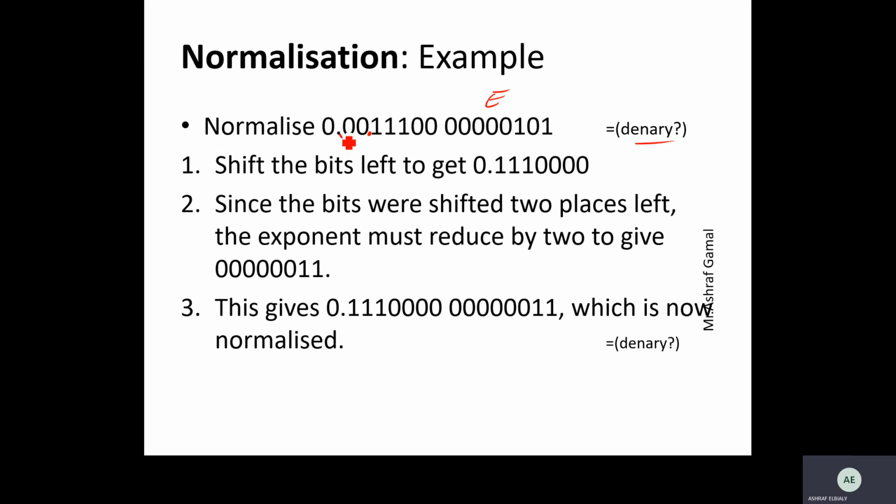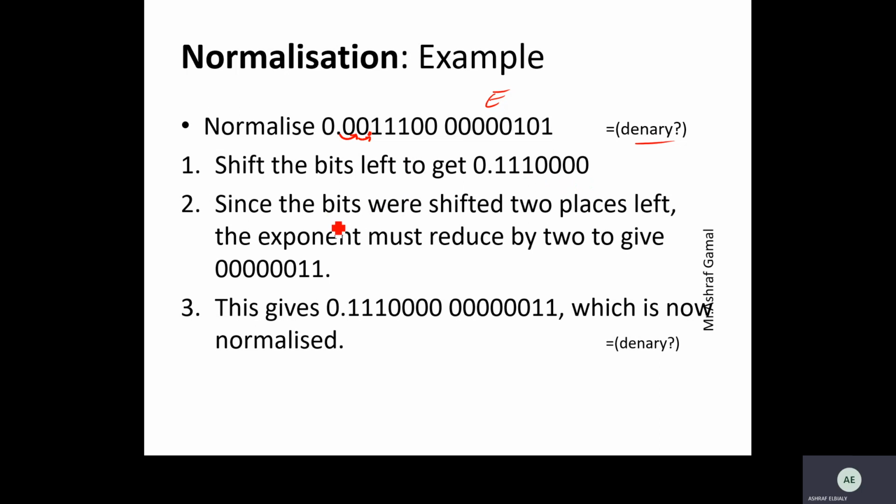So we'll shift the binary point, one space, and then another digit, so we're shifting by 2. We will get the value 0, 1, 1, 1, 0, 0, 0, 0.